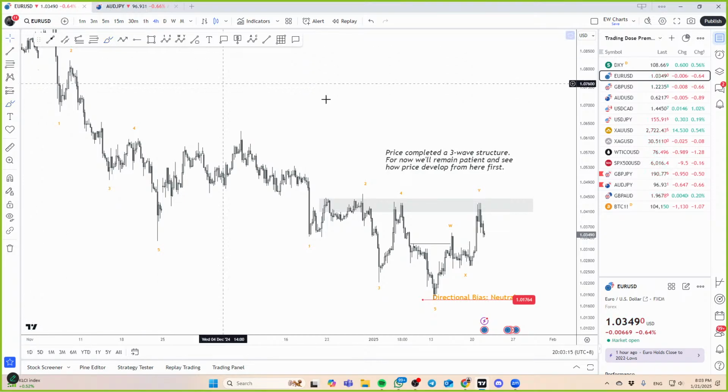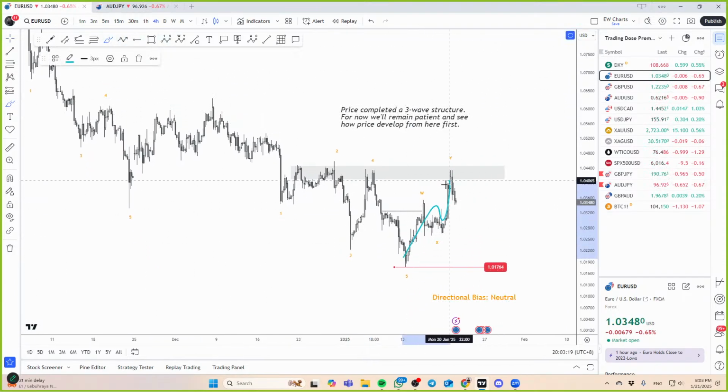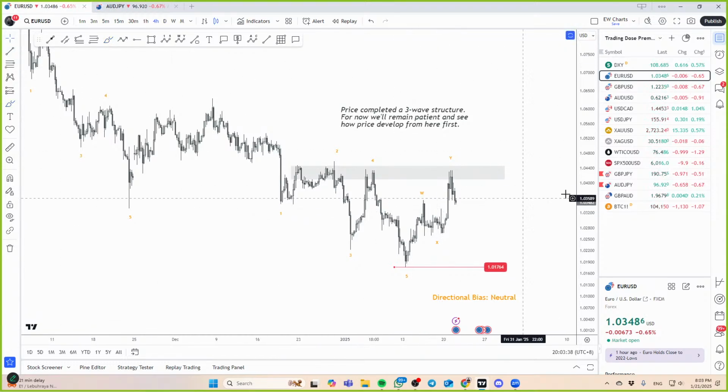If you look at euro dollar, very nicely, a 1-2-3 came into this area and then a nice reaction. Yesterday we were looking at whether it would pull back a little more, which is where our setup would be, and that would have been a very nice little trade, but we didn't get a target. As part of trading, you don't get to catch every move in the market.